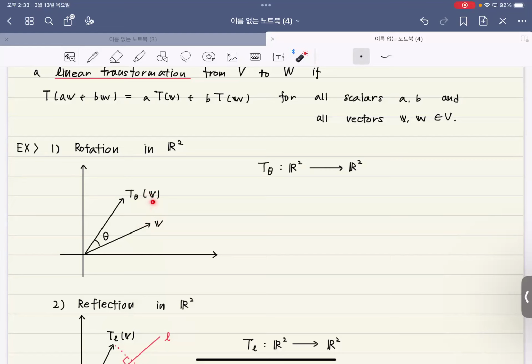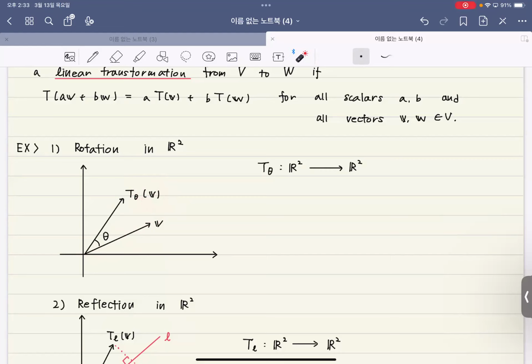And I want to claim that this function is a linear transformation. Why? Suppose that you transform T theta of v plus w. That is going to be the same as T theta of v plus T theta of w, right?